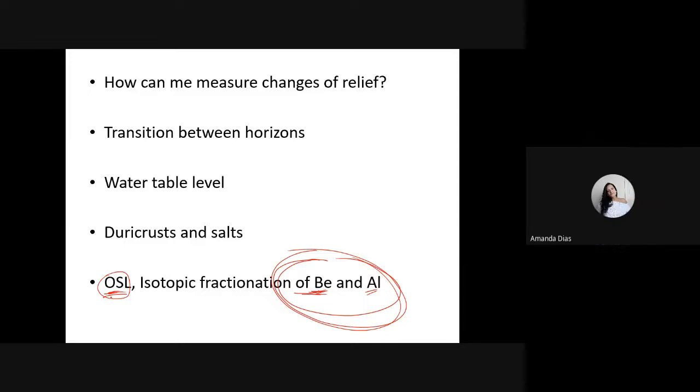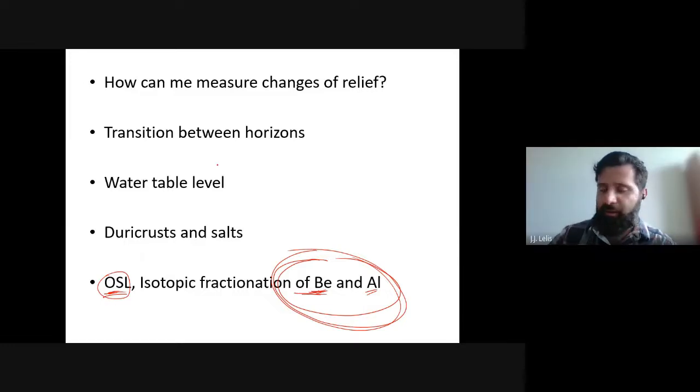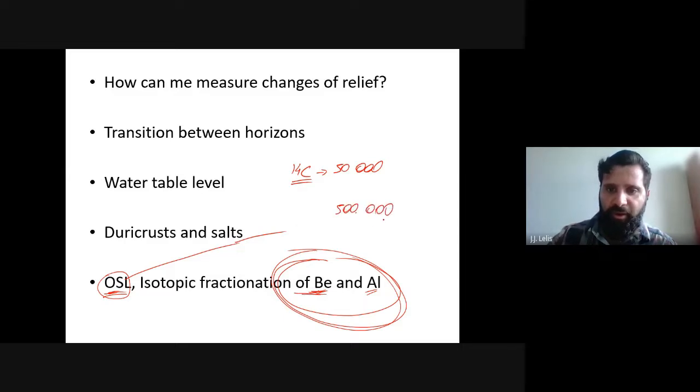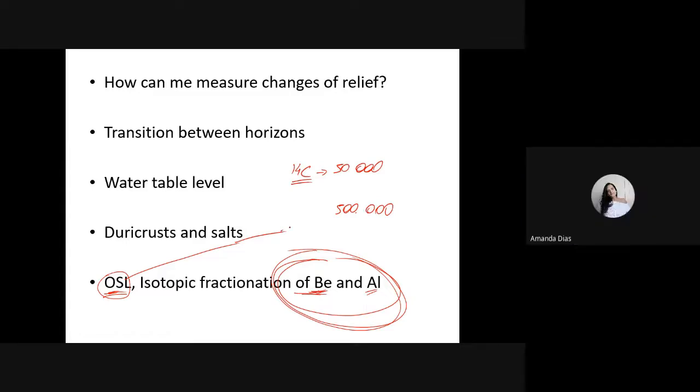Okay, and of course they both are better than isotopic carbon because it's just 50,000 years, and this is more than 500,000 years. Okay. I remember this analysis of isotopic fractionation of the beryllium and the aluminum.